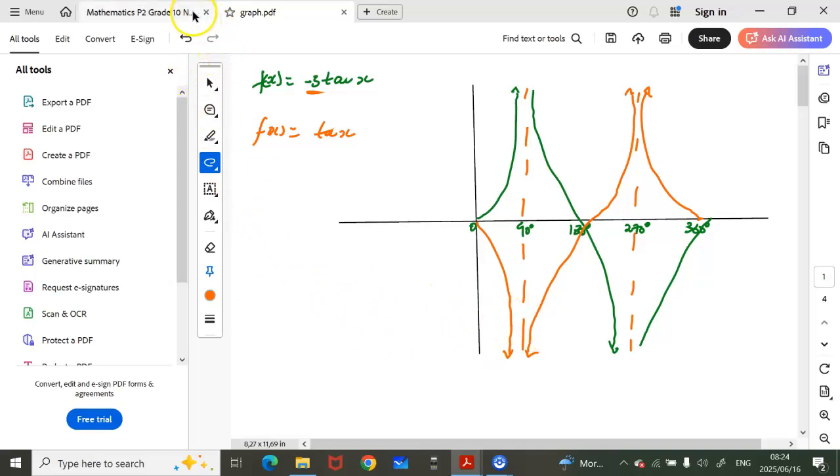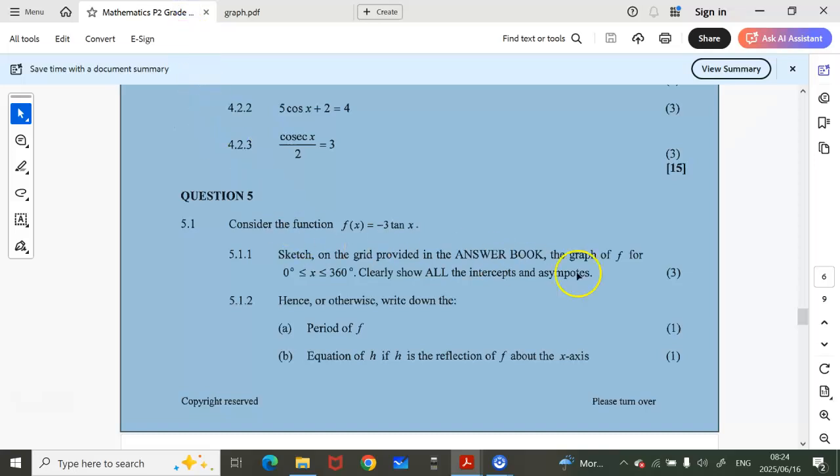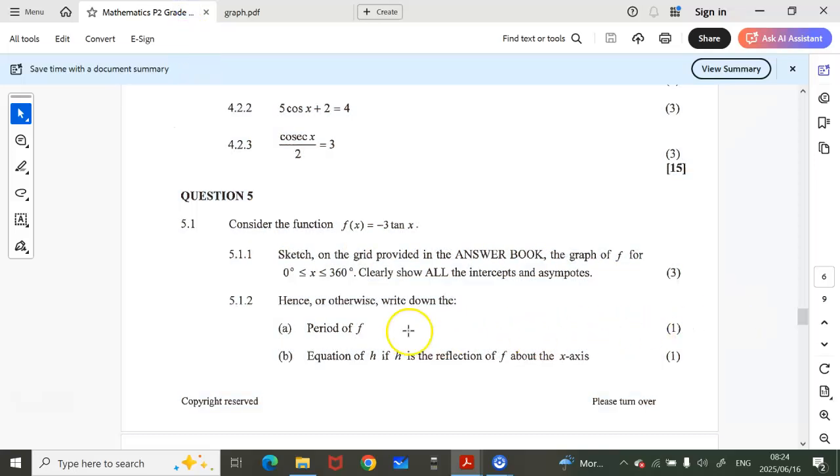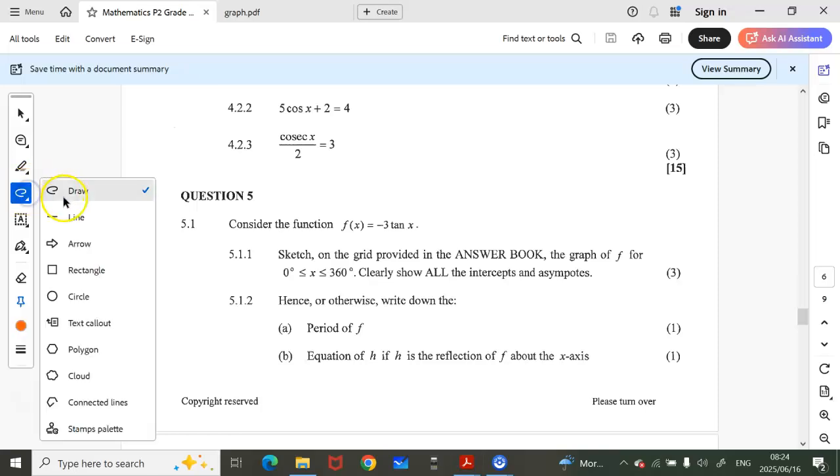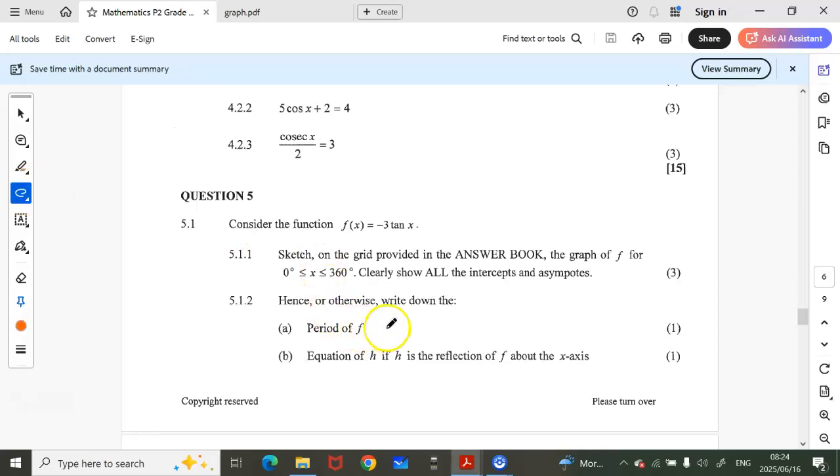Then let's look at the next question. They say, hence or otherwise write down the period of the graph. Now the period of the graph, remember we used to say the graph of tan has a 180 degrees period.